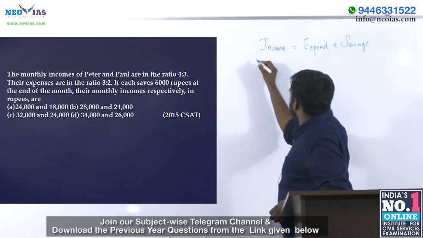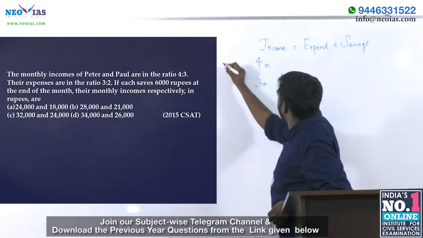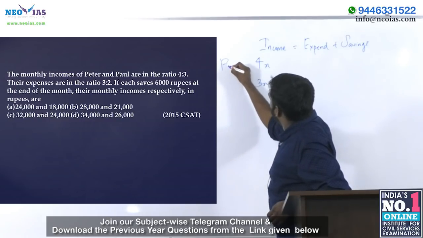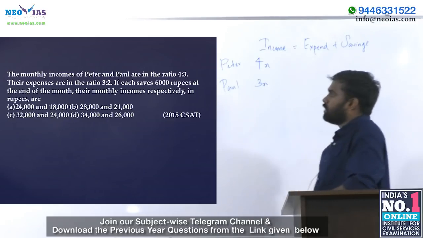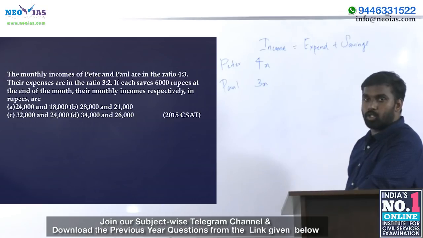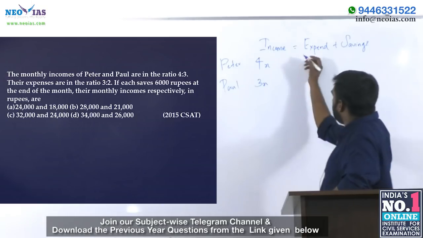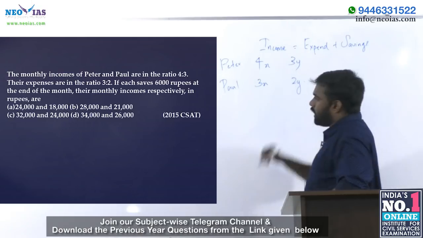So, monthly incomes of Peter and Paul are in the ratio 4:3, so I am taking income as 4x and 3x for Peter and Paul. And their expenses are in the ratio 3:2, so let their expenses be 3y and 2y.